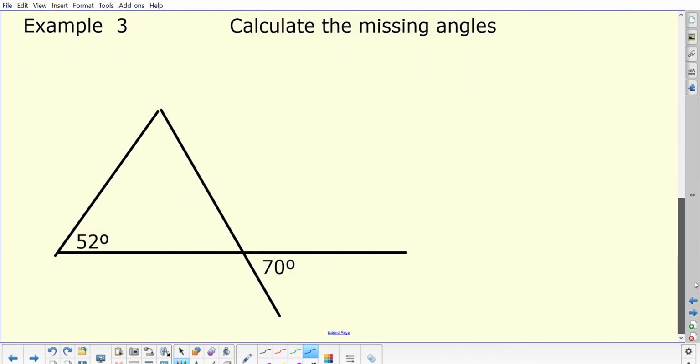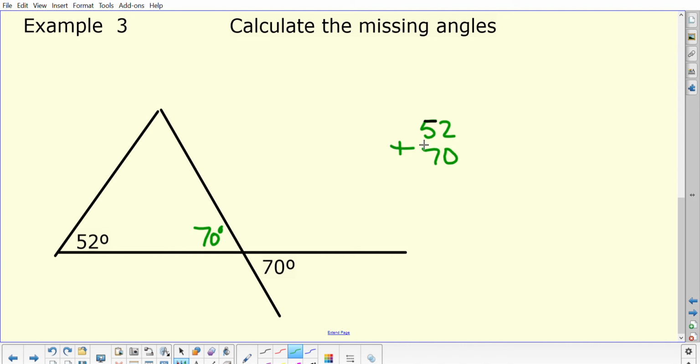Right, again, we do have a triangle going on in the diagram, but we've got quite a few missing angles that we're going to fill in. Now down at this corner here, we can clearly see that we've got two straight lines crossing over each other. When that happens, you get vertically opposite angles, so that would immediately mean I could fill in the one straight across from that, and that would be 70 degrees. Now what I've got inside that triangle, I've now got a 52 and I've got a 70.